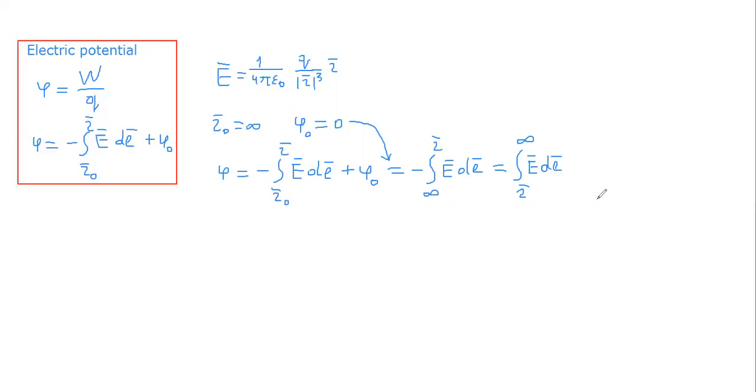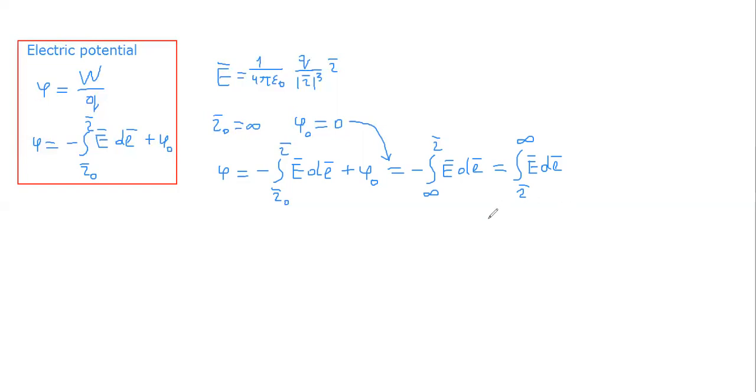And how to calculate this linear integral? To calculate it, we can take into account that electrostatic field is always a potential field, and it means that we can choose the path from R to infinity.